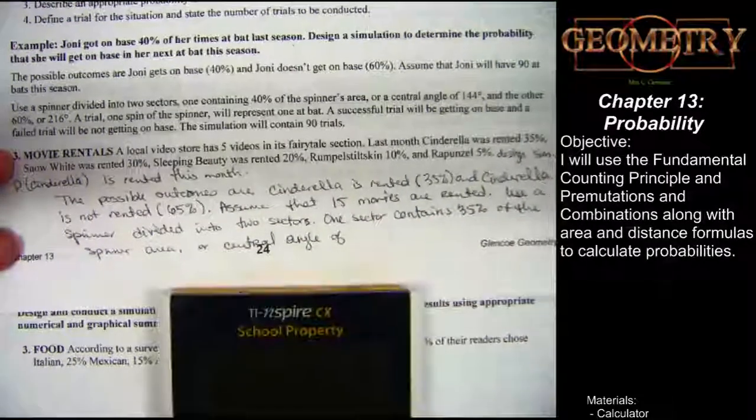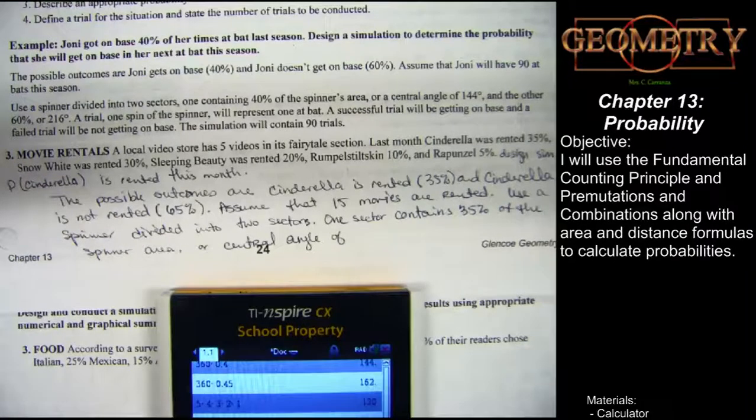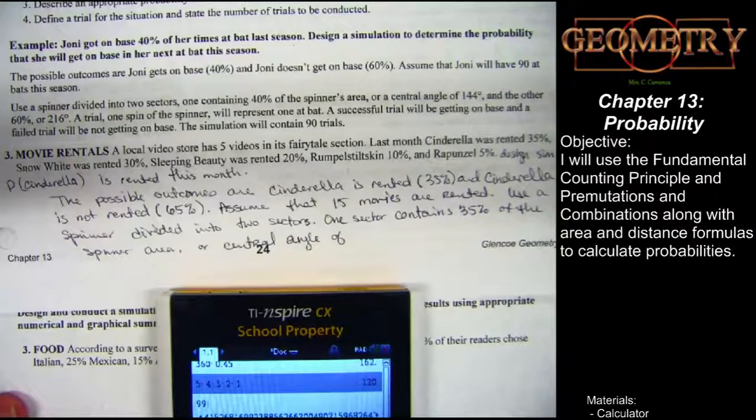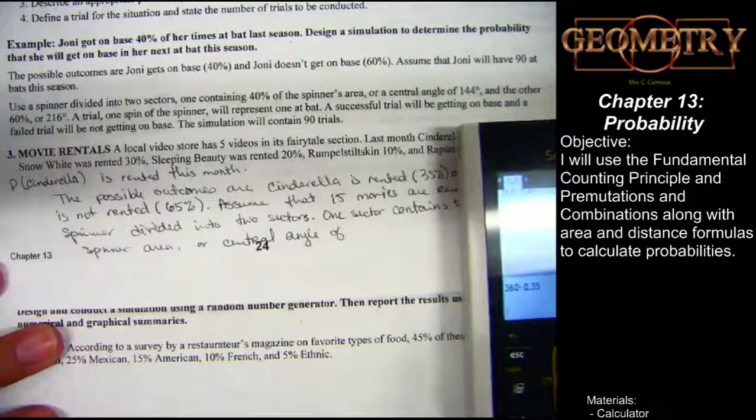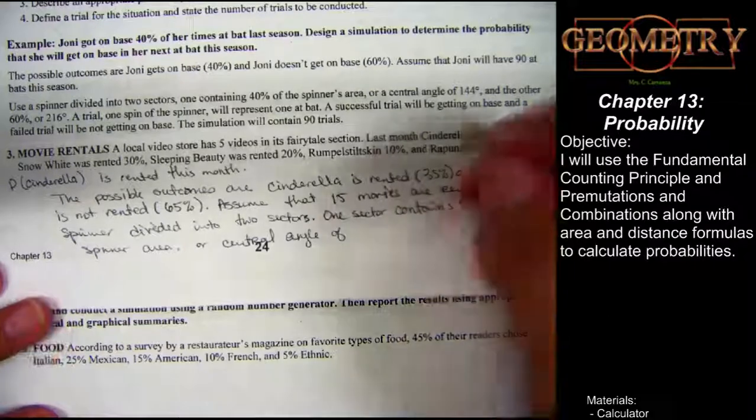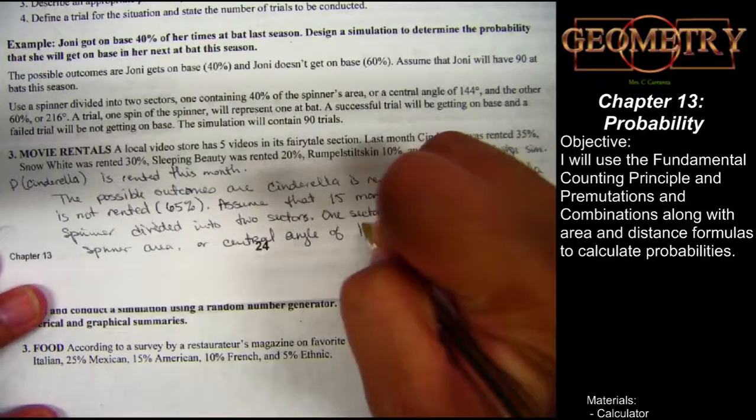go to your calculator, and find the central angle that is 35% of a full circle. 360 times 0.35. So 126.